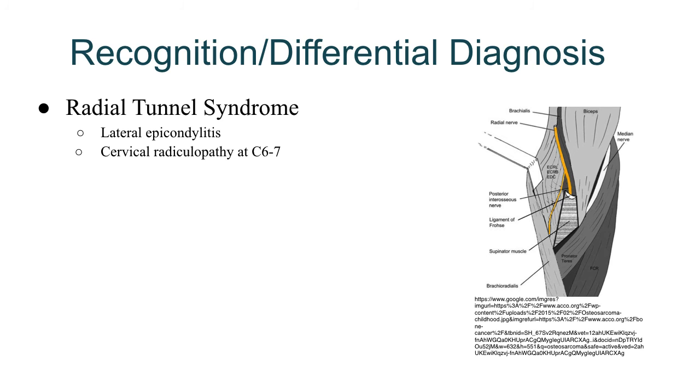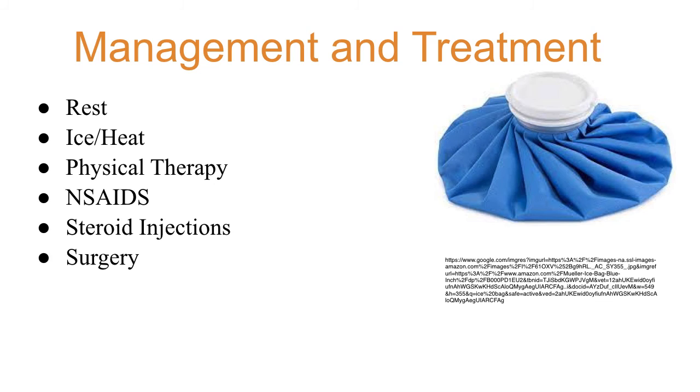So management and treatment for both of these, these would work more with the tunnel syndrome more than anterior compartment. These would be rest, ice, and heat, physical therapy, NSAIDs, steroid injections, ultimately surgery on anterior compartment, maybe on radial tunnel if necessary.